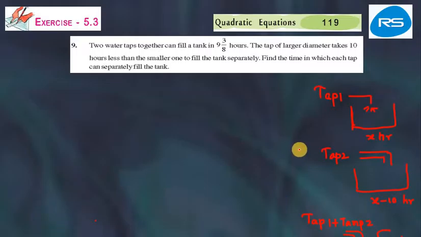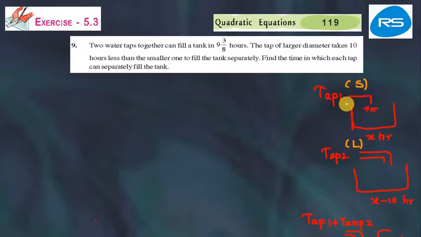So let's see the question. Here he is talking about two taps, one with a smaller diameter and the other with a larger diameter. Let us suppose tap 1 is the smaller diameter and tap 2 is the larger diameter.